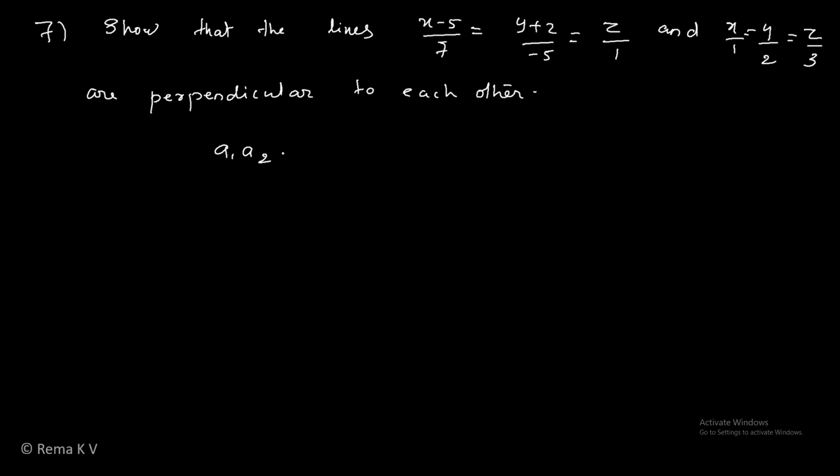Find out a1 a2 plus b1 b2 plus c1 c2. Since these are given in standard form, x minus x1 by a1 equals y minus y1 by b1 equals z minus z1 by c1, and here also standard form, find out a1 a2 plus b1 b2 plus c1 c2.